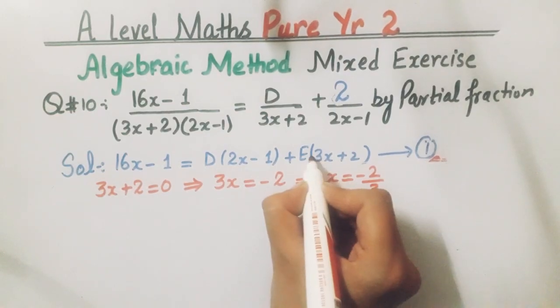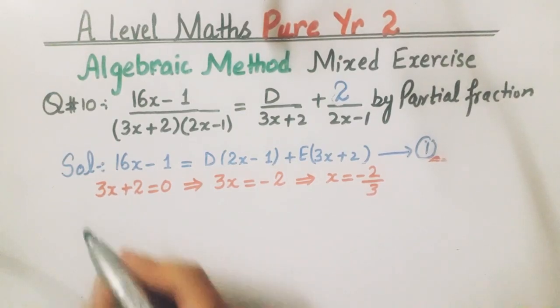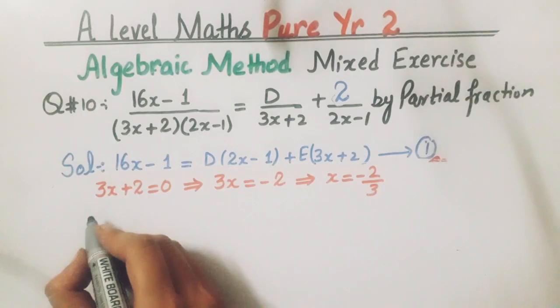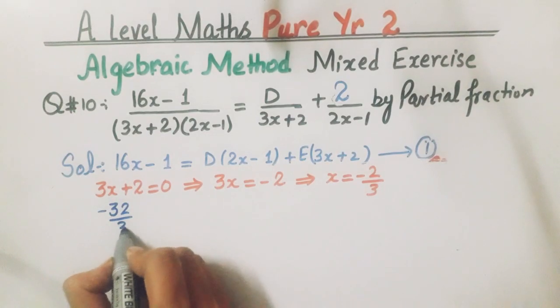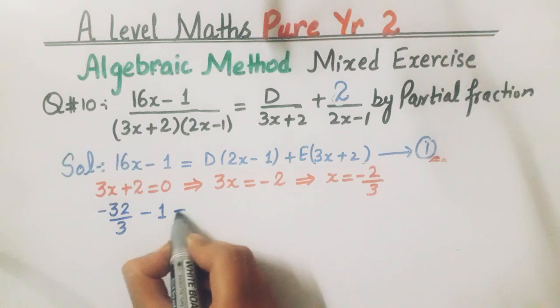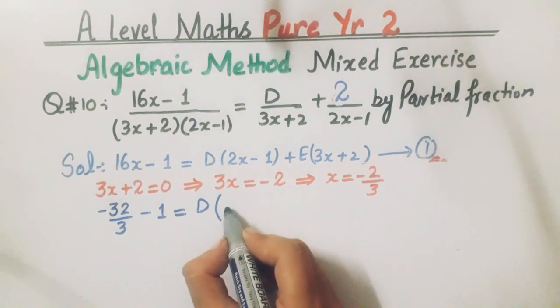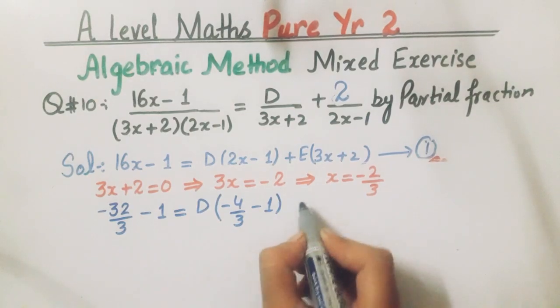Now we will substitute this value in this equation. Then we get 16 into minus 2, which will be minus 32. Minus 32 over 3 minus 1 equals d into 2x minus 1, which means minus 4 over 3 minus 1, plus e times 0.